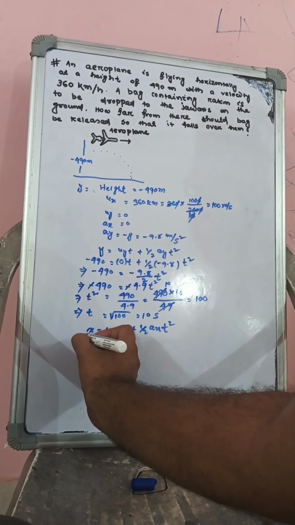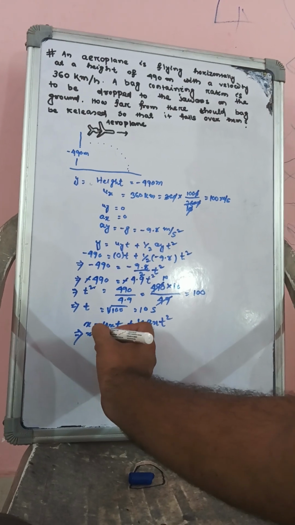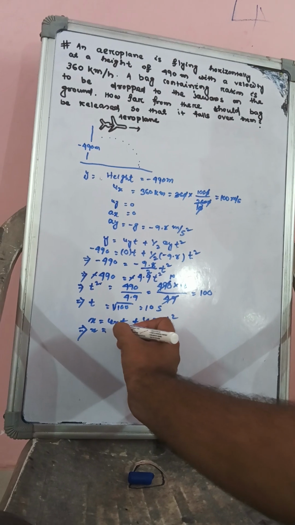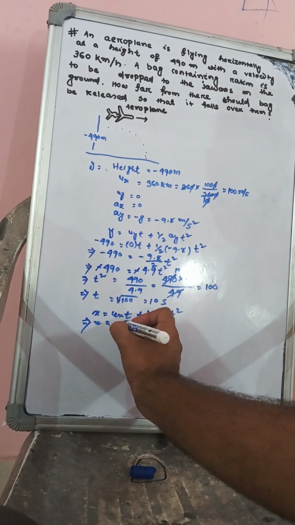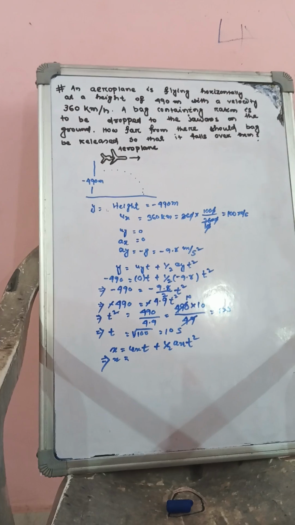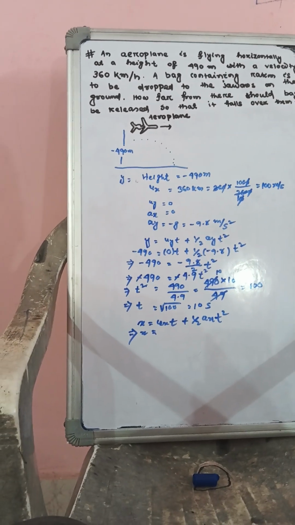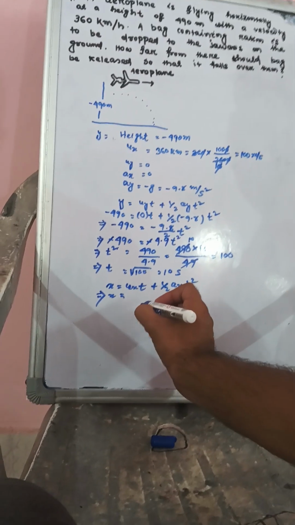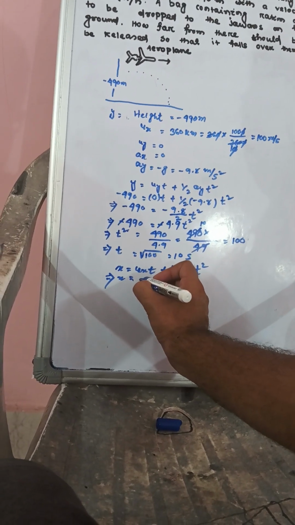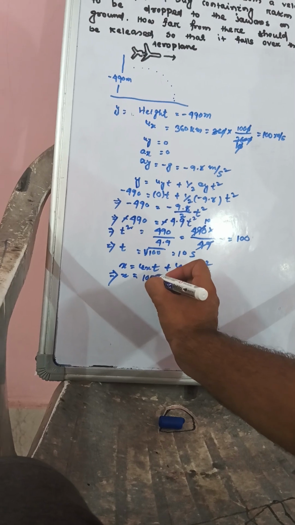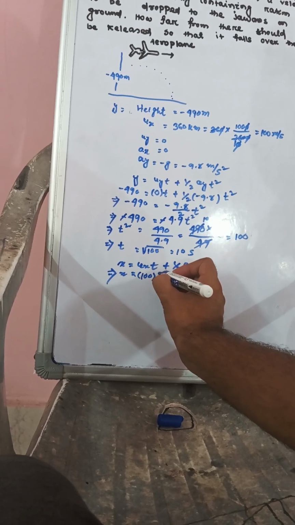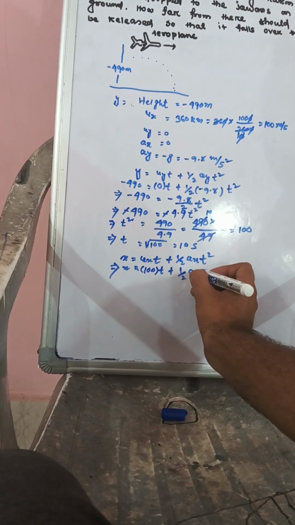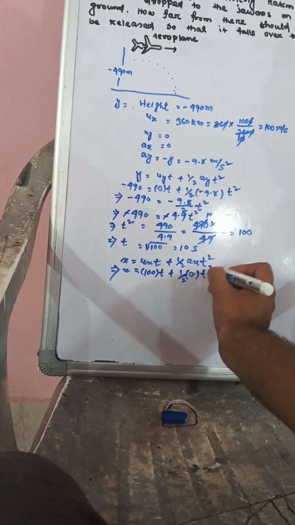This implies that x is equal to ux, which is 100 meter per second, into t, plus half, ax is 0, t square.